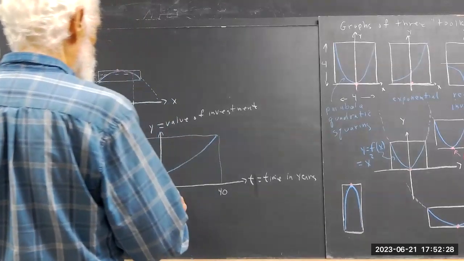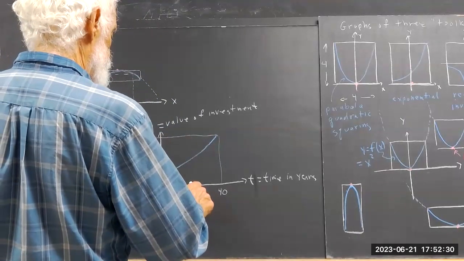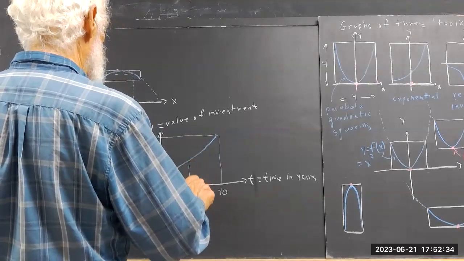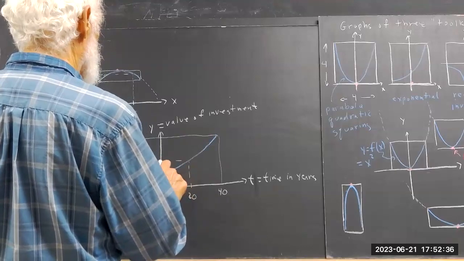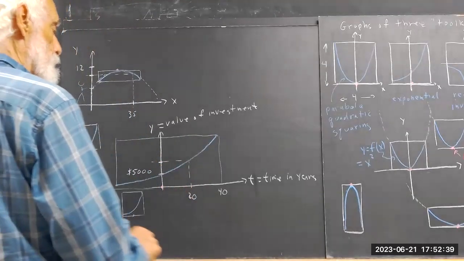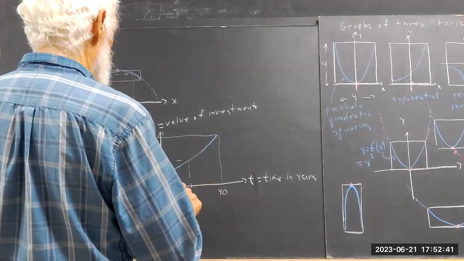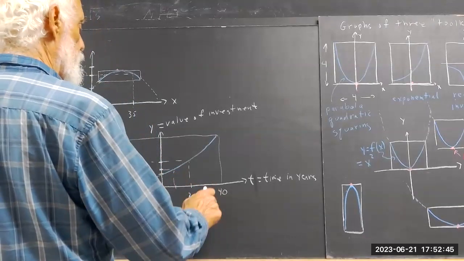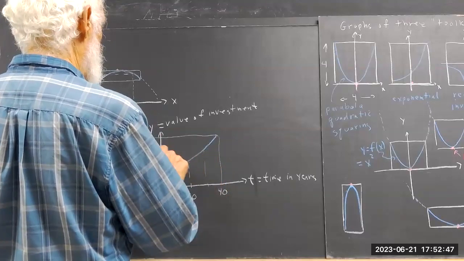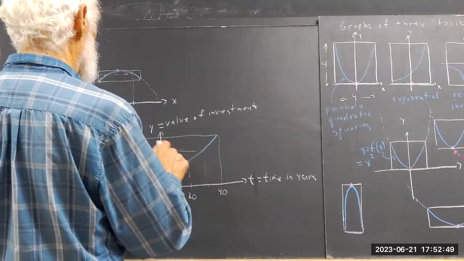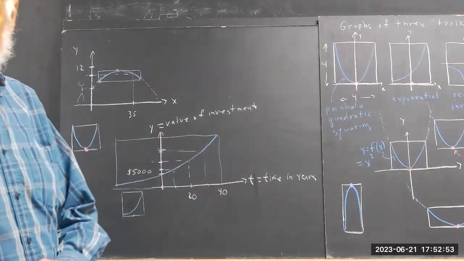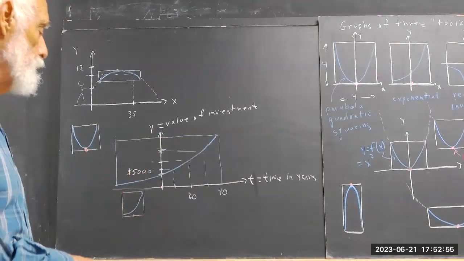Okay, so how much are you going to have after 20 years? You can predict it. How much are you going to have after 10 years? You can predict that. 30 years? You can predict that. Now there's algebra involved, and it's somewhat challenging.